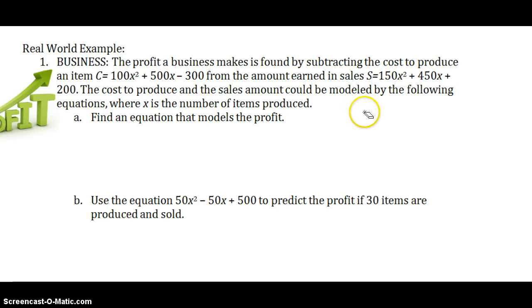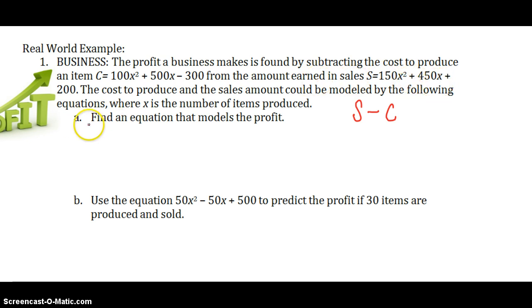So it's going to be the S polynomial minus C. The profit a business makes is found by subtracting the cost from the amount earned in sales.